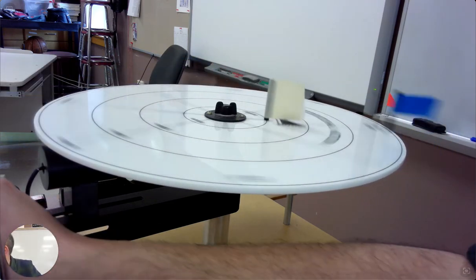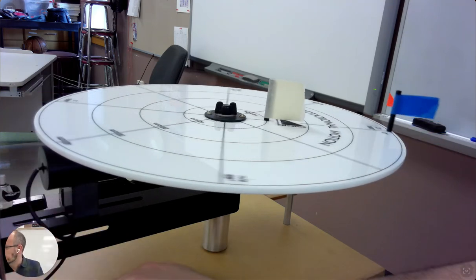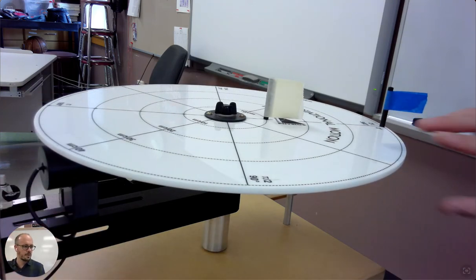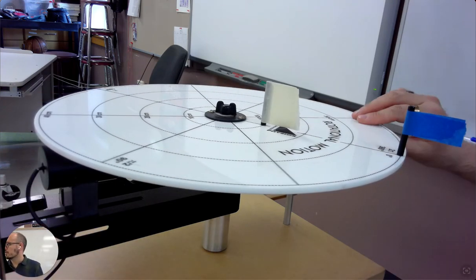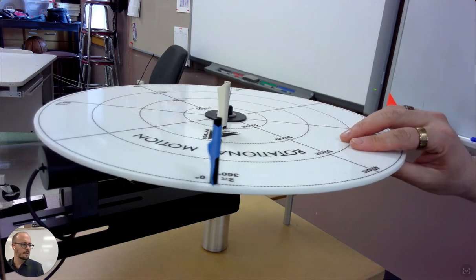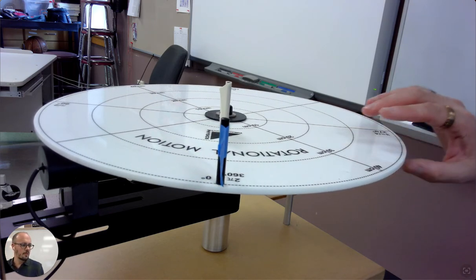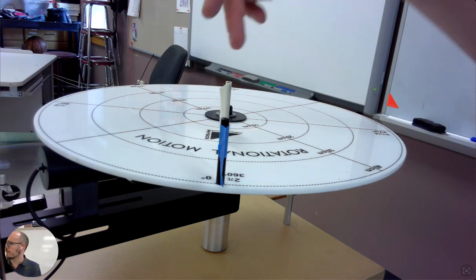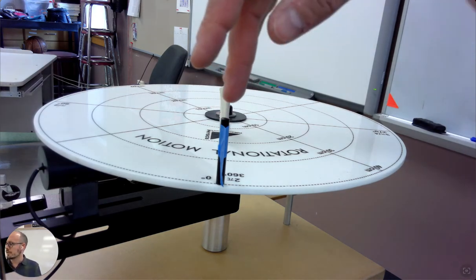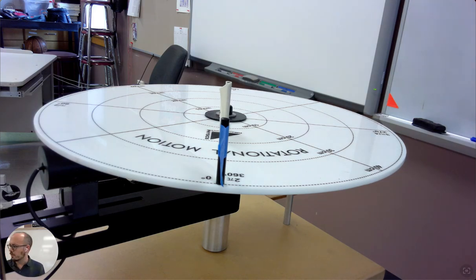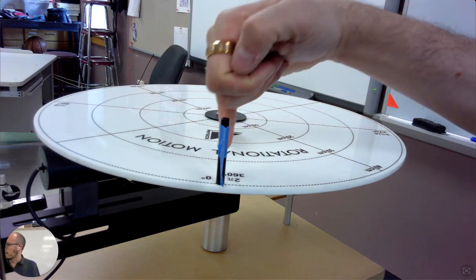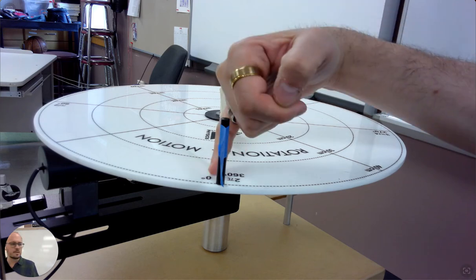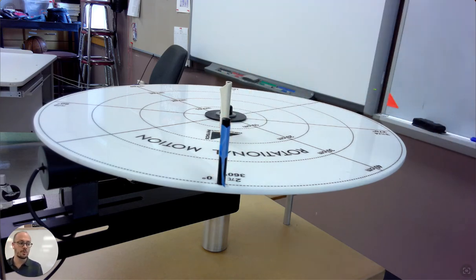And so I'm going to do this by example. Now let me line this up. So right now everything's lined up. We have the central axis, we have the manila flag and the blue flag. So this is like the initial position. Now there are lines here, and these happen to be at the label 0 degrees.